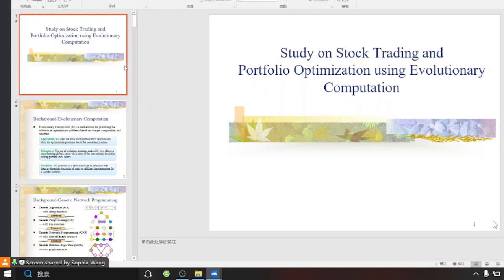Evolutionary computation is a very important branch of AI algorithms, though just one very small branch. Based on evolutionary computation, you can do optimization in many fields, not only in financial markets, but also in other control fields.